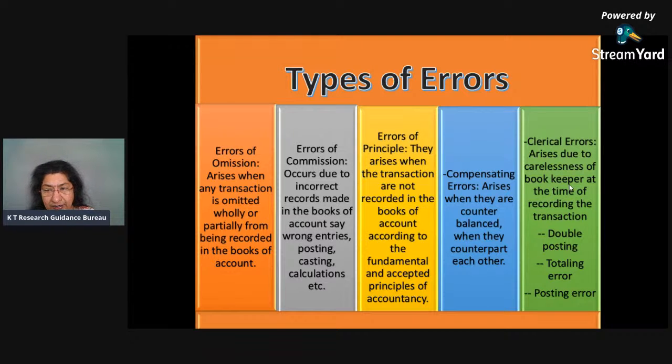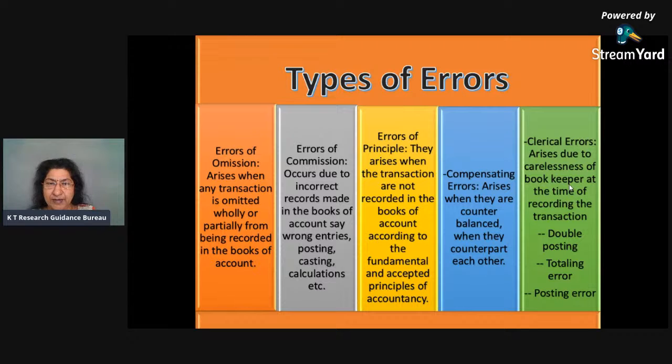Then totaling error, as I told you, right now in a computerized accounting system, totaling errors are very few, and the majority of companies use software only, and posting error chances are also a little less, but double posting errors are happening. If you want to find out this sort of error, then also you have to check all these transactions.